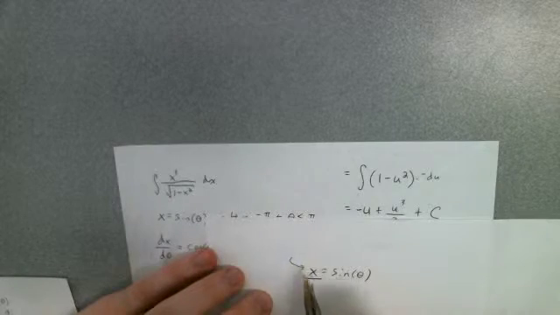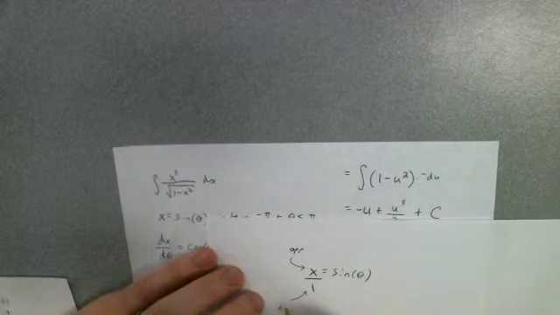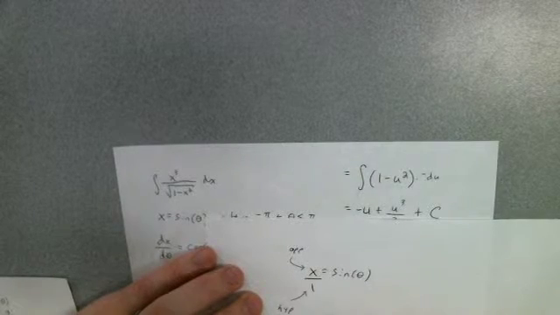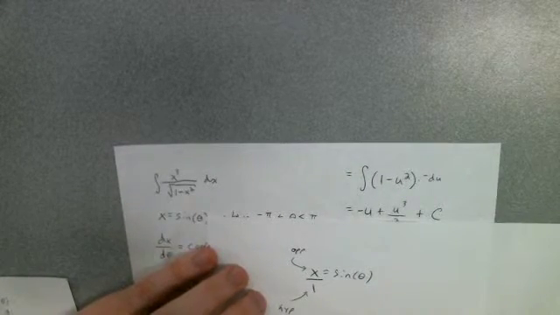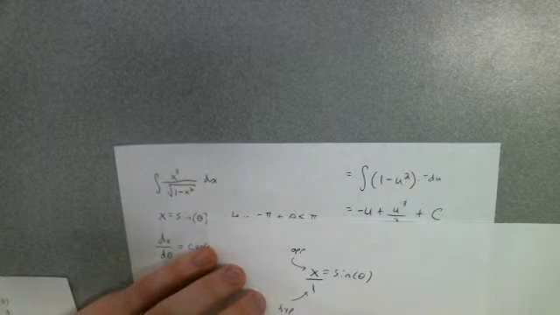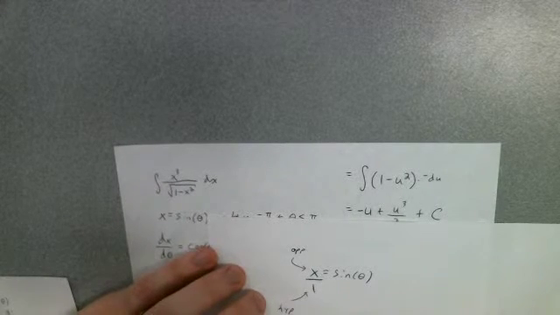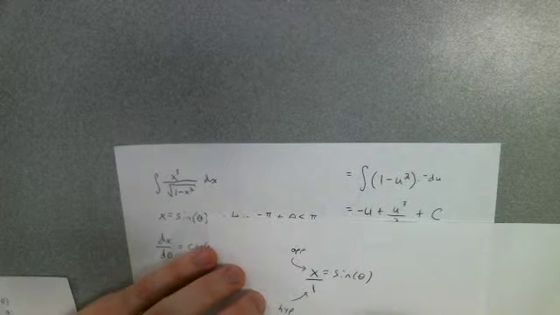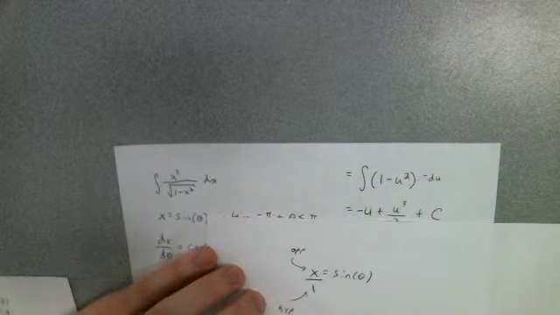Well, we could think of this as the opposite side in a triangle divided by the hypotenuse. So if you draw a picture here, let's draw a triangle with angle theta there, where the opposite side is x and the hypotenuse is 1.